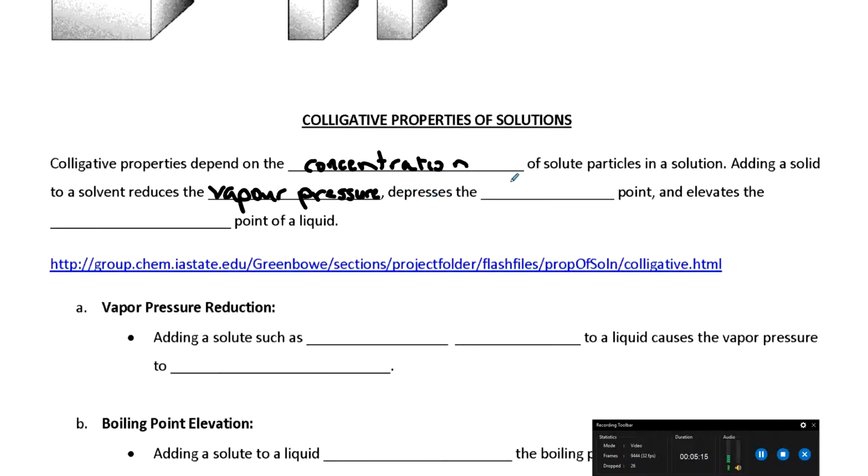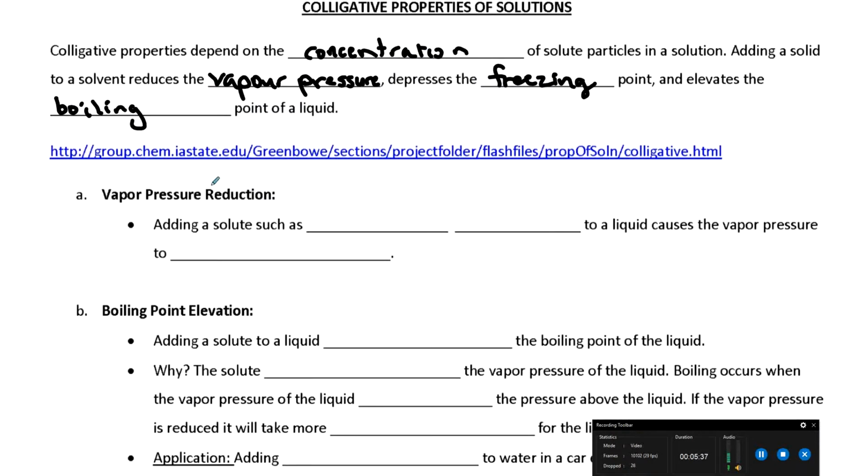Depression of the freezing point means the freezing point is lowered as you dissolve more solute. And elevation of the boiling point means the boiling point gets higher as you add more solute particles. So let's look at each one individually.